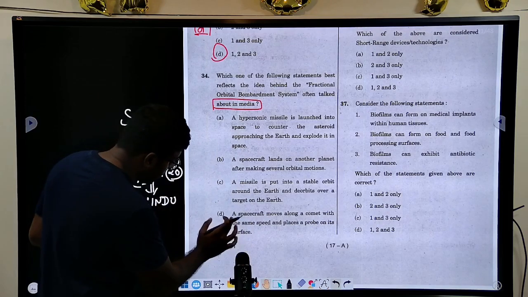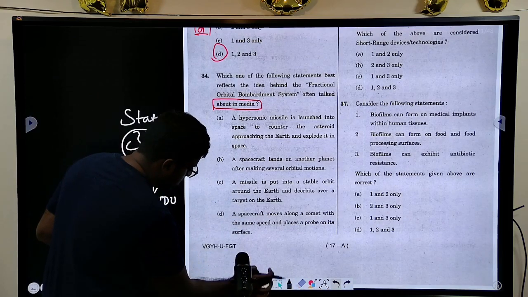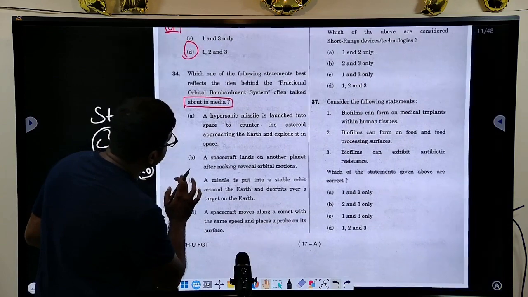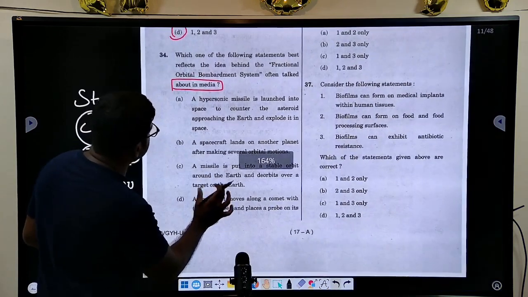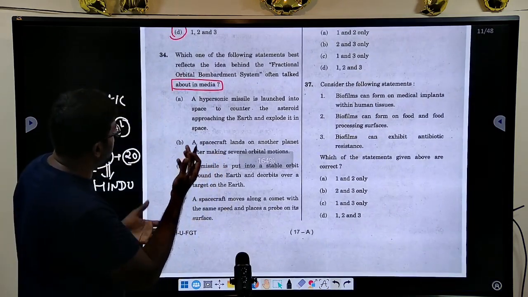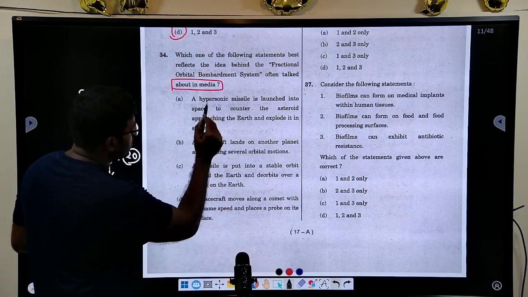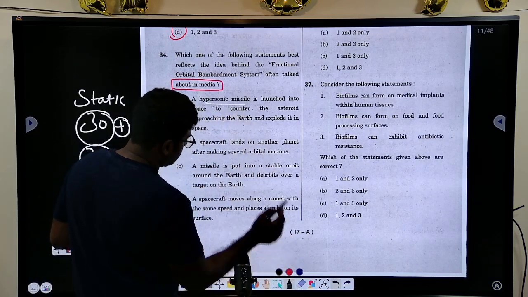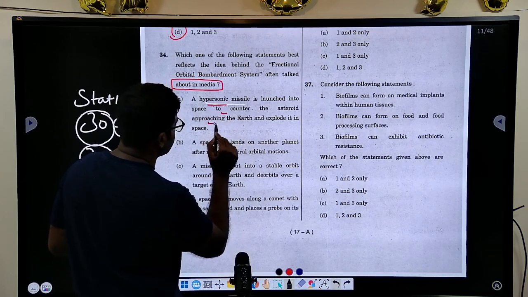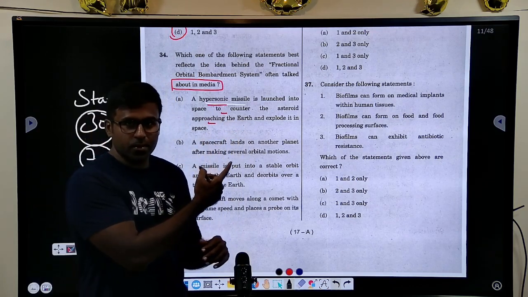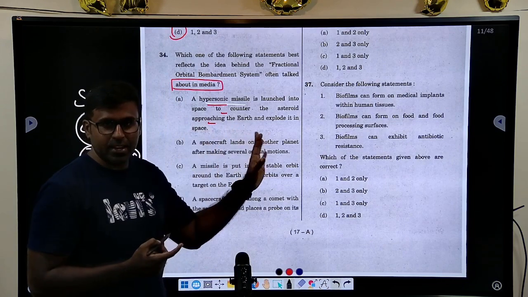If you look at these questions, this is the reading comprehension. Look here, see for yourself: fractional orbital bombardment system. A hypersonic missile is launched to counter. See, this is a Jayam Ravi movie. Honestly, I have never seen this.